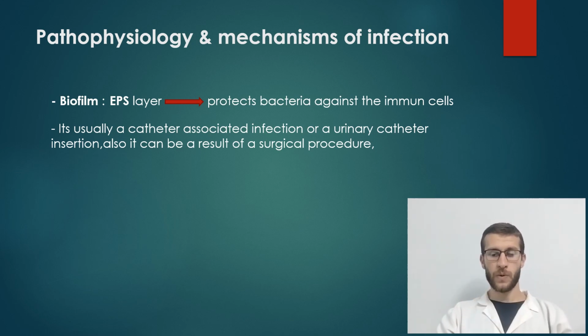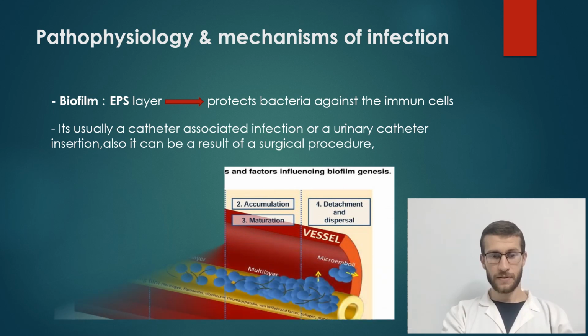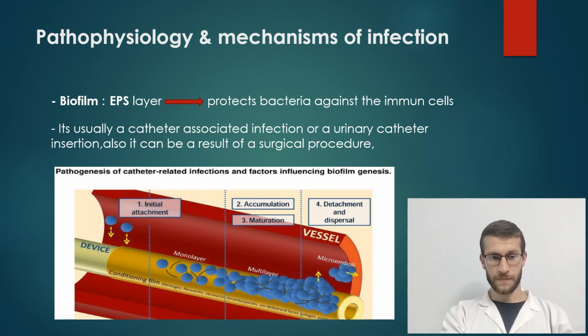And then we will have the next result in the picture. The device has a few bacteria attached to it after an initial attachment, and then we will have a multiplication of this bacteria and accumulation. It will undergo maturation and then detachment and dispersal into the blood circulation.